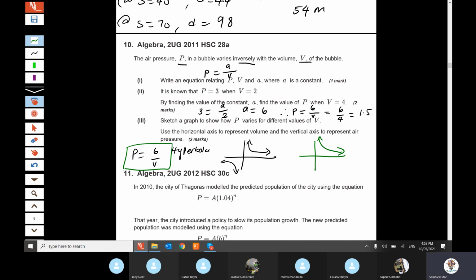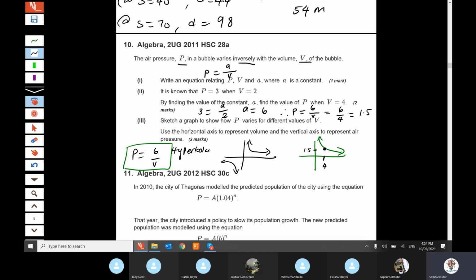So there's one extra step that they're starting to make everybody do now. You have to actually plot a point. The easiest point to plot is the one you just found up here, when V is 4. So you've got to write 4. What does P equal? You've got to show us that. That's all.